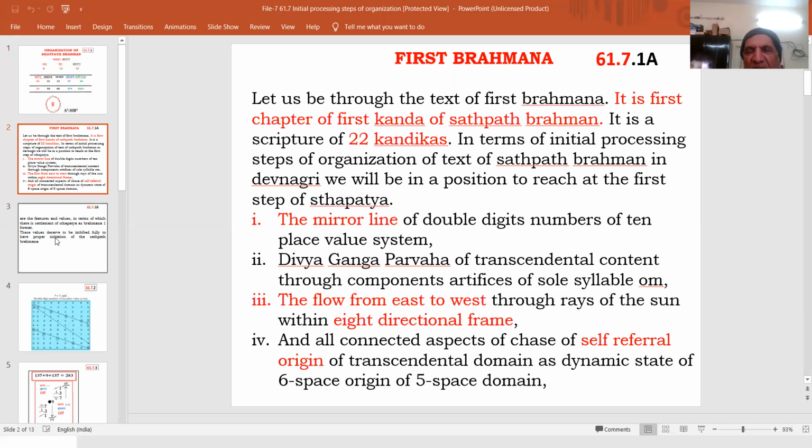The flow line from east to west through rays of the sun with an 8 directional frame is the third feature. And all other connected aspects of chase of self-referral origin of transcendental domain as dynamic state of 6-space origin of 5-space domain is the comprehensive residue feature of the whole range of practical steps which take us from the first Brahmana to the last Brahmana reach.